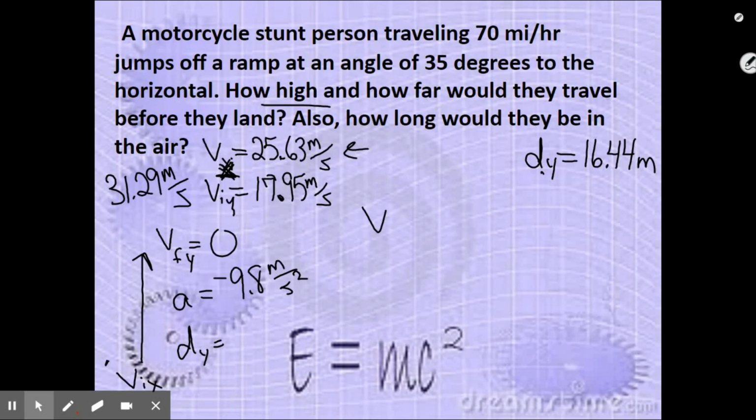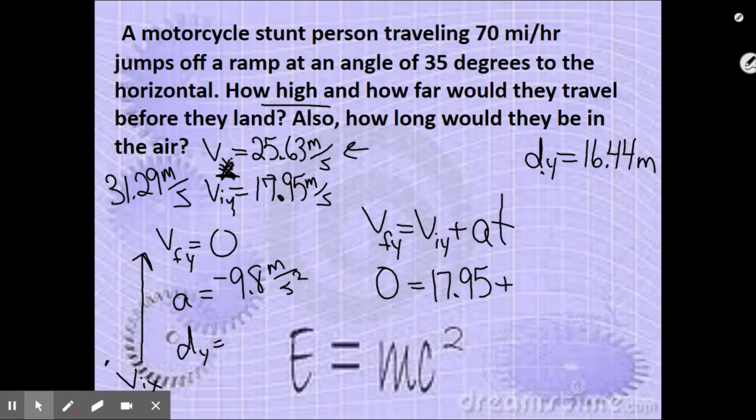So we could just say Vfy equals Viy plus AT, because that's the easiest one to use. So VFY we said was 0, and VIY was the 17.95. And acceleration in the y direction is our 9.8, and we're going up, so it's negative, and so we're solving for t. So we're just going to do 17.95 divided by 9.8, and the time is 1.8 seconds.